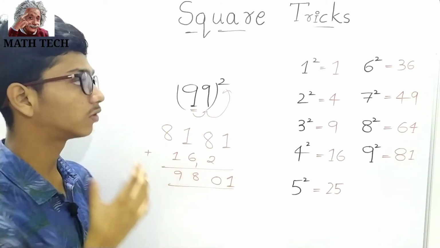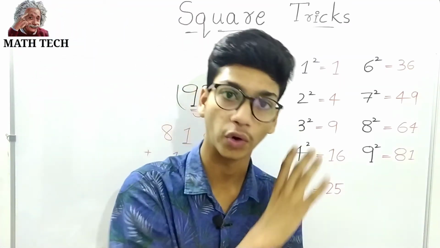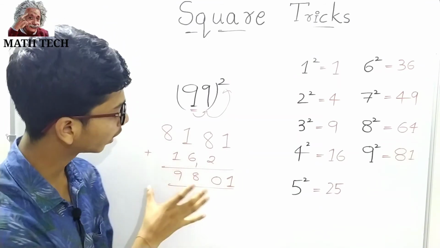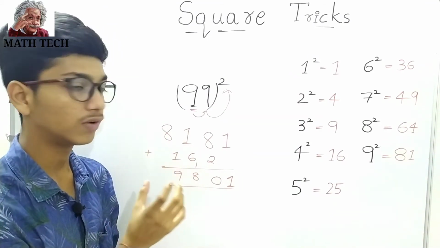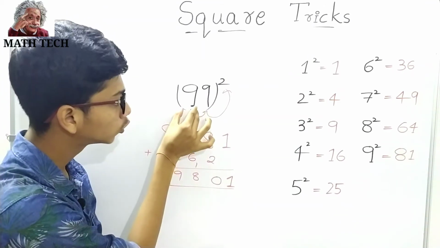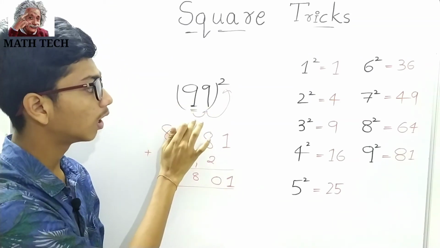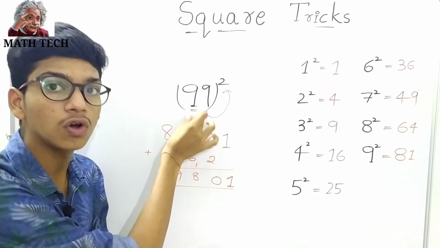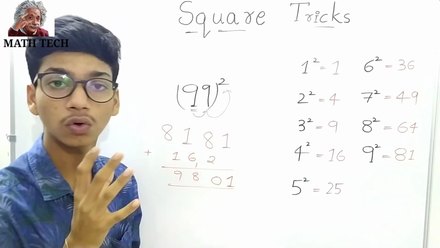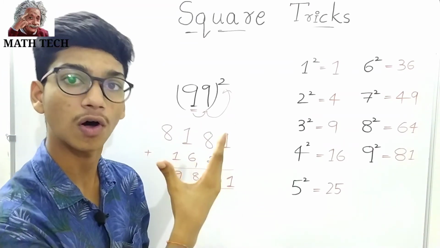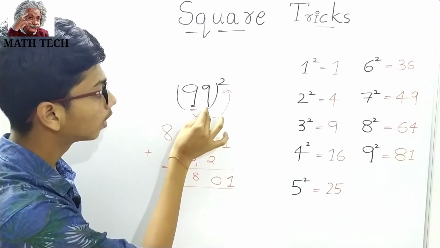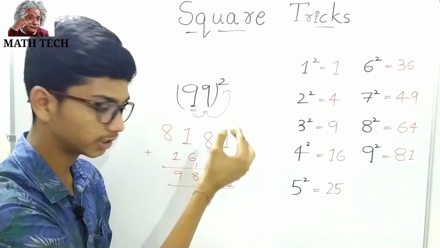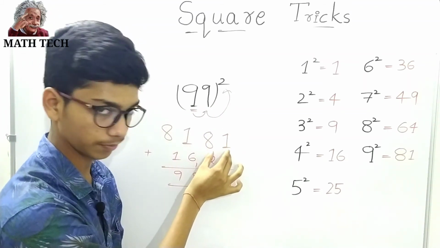To use this trick, first of all we need to know the 1 to 9 squares. Once we know them, we can easily find the squares. I will repeat this trick once. First, choose the tens digit term and square it. If we get a single digit value, we write 01, 04 or 09. The second step is to square the ones digit, which is 81.